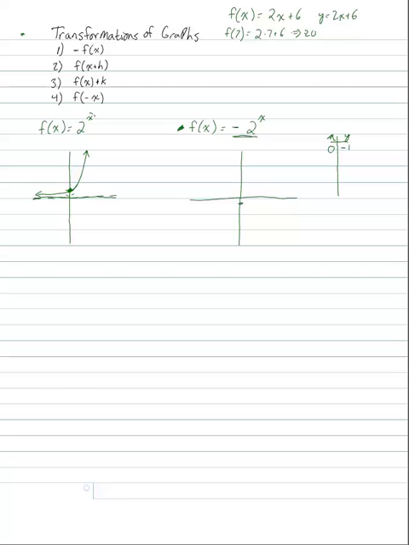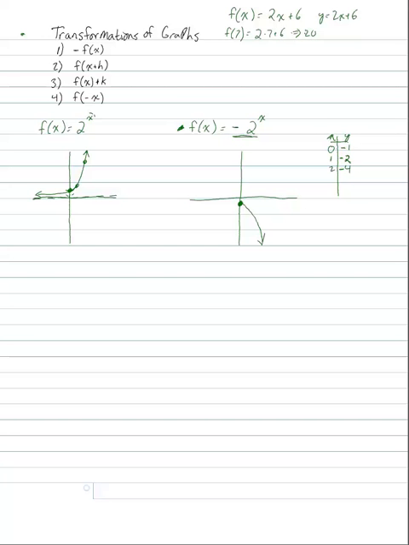What would happen this time if I put in 1 and 2? In the previous one, when I put in 1 and 2, it started rising up. If I put in 1, I got 2. If I put in 2, I got 4. If I do it this time, it's going to start going down. 2 to the 1 is still 2, a negative in front of it will make it negative 2. 2 to the 2 is still 4, a negative in front of it would make it negative 4. So instead of going up, it's going down.